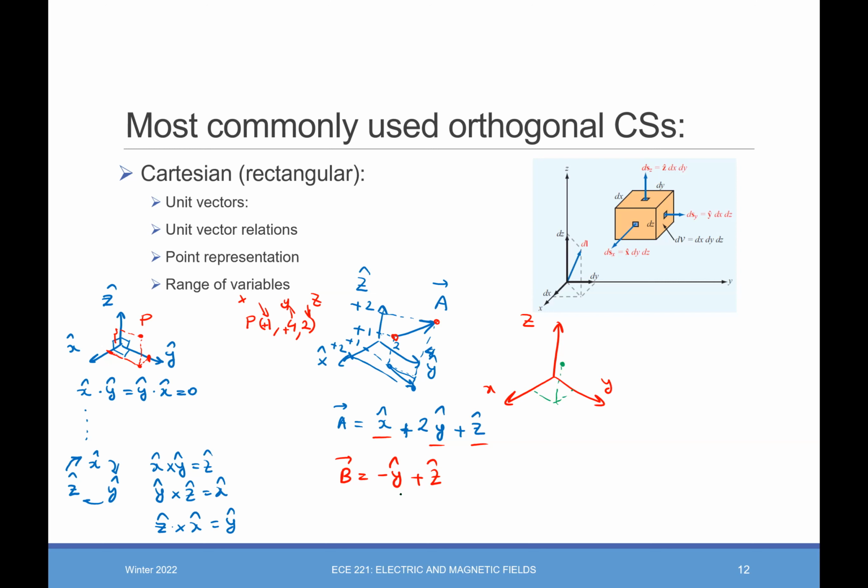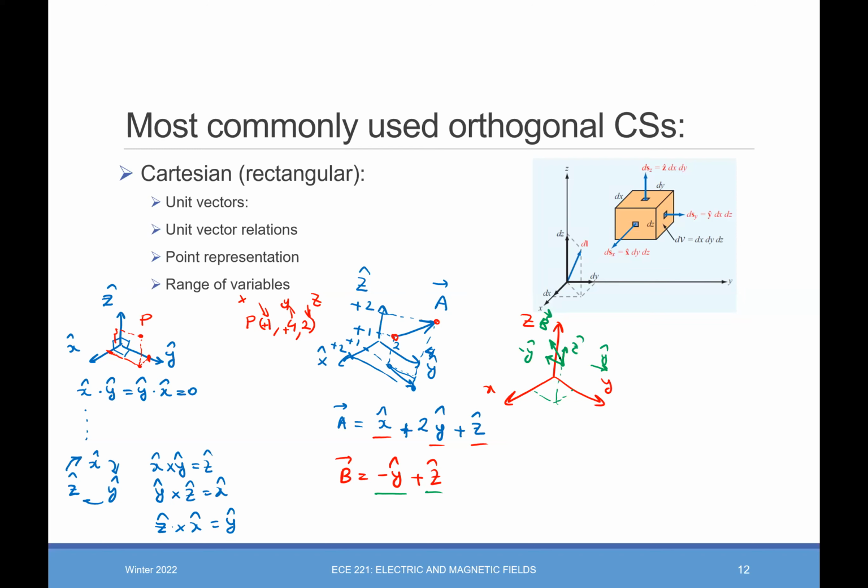Then we move 1 unit in the minus y hat direction. Since this is the positive y hat, we have to go in the opposite direction. Then we go 1 unit in the plus z direction, so we go to here. This is z hat, this is minus y hat, and our vector b would look like this.